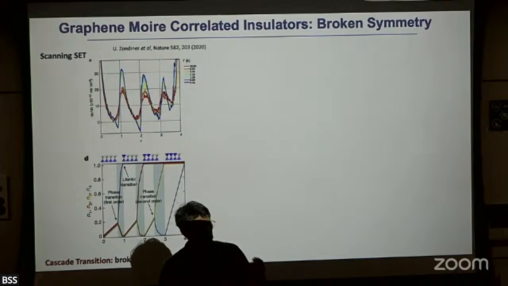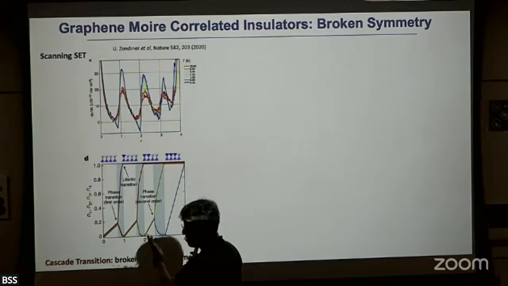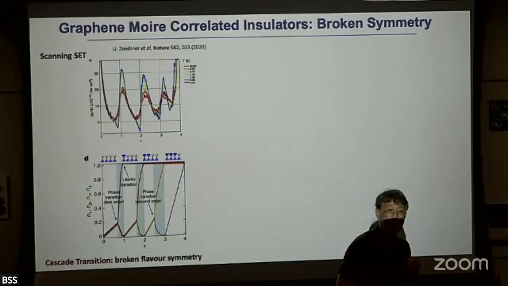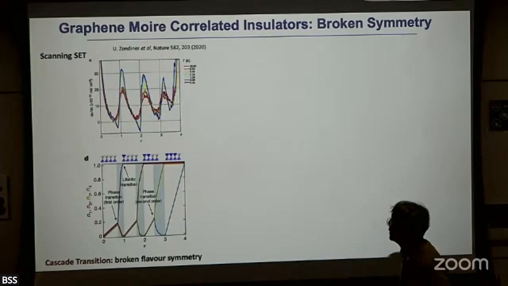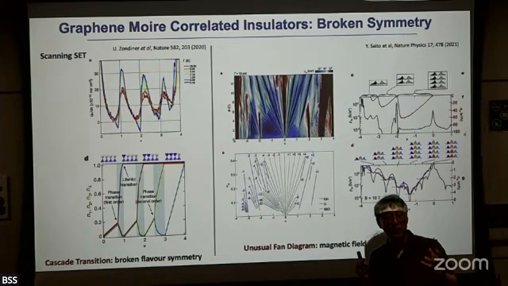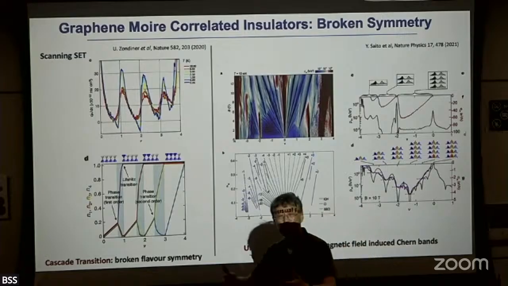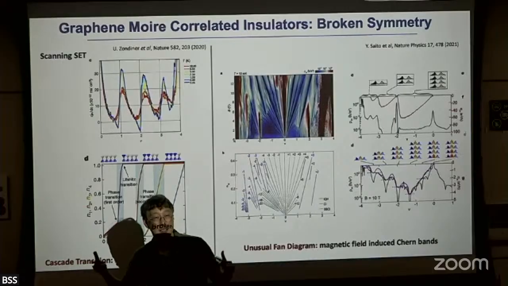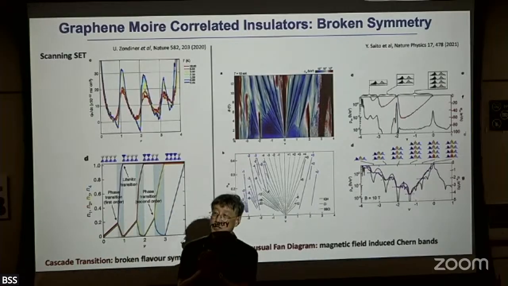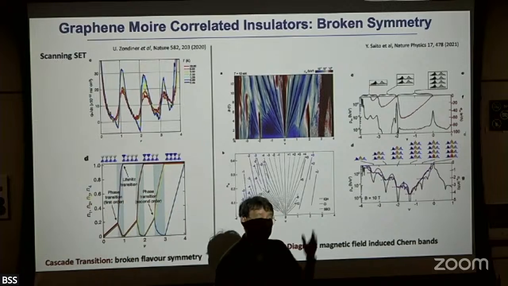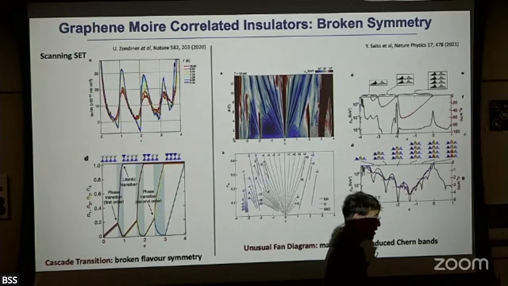In many different types of measurement, people have seen that the symmetry is broken, either first order or second order, and often these broken symmetry states give you a correlated insulator, where the correlated insulator has some generalized magnetic order. In other words, the SU(4) spinors point in some particular direction, and we can just describe it as a generalized magnetic order.